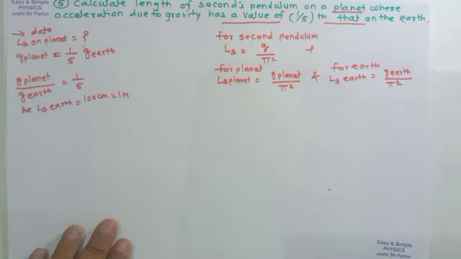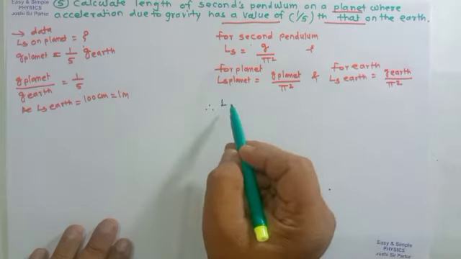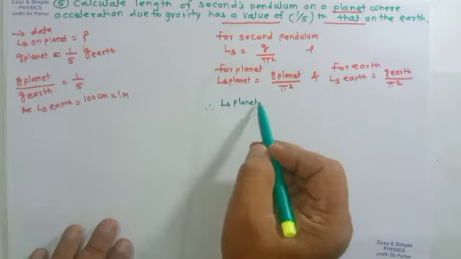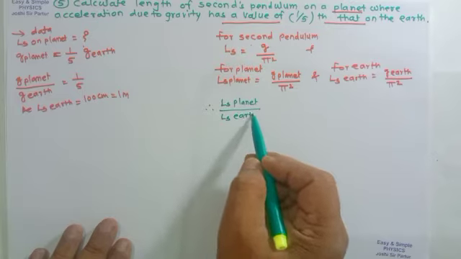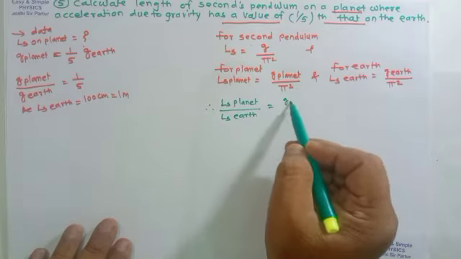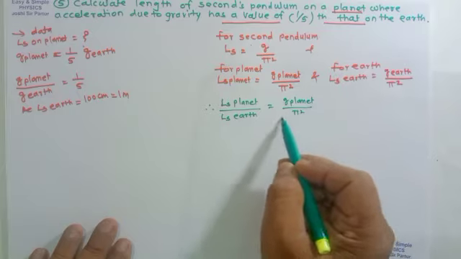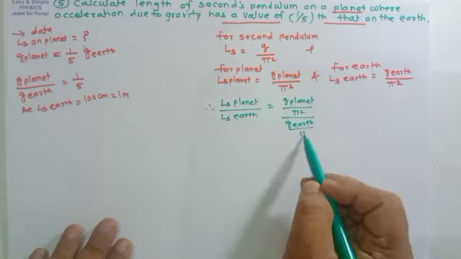So if we divide second pendulum length for planet divided by second pendulum length for earth is equal to g planet upon pi square upon g earth upon pi square.